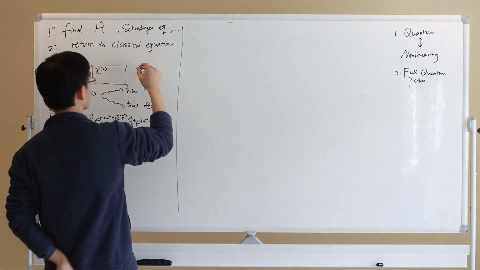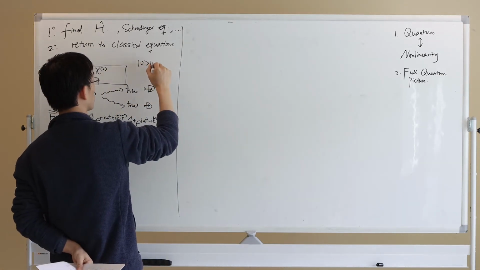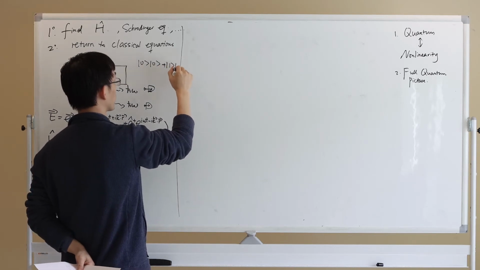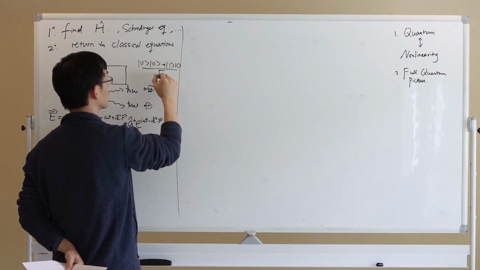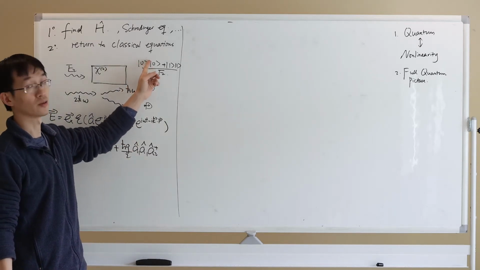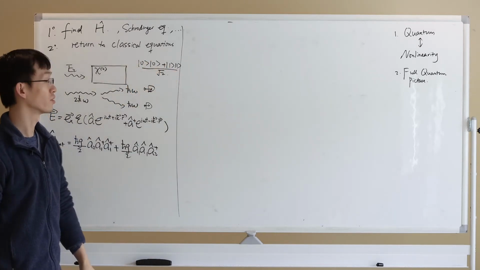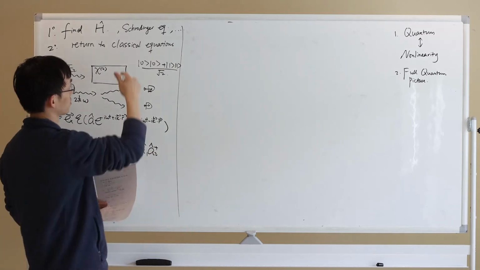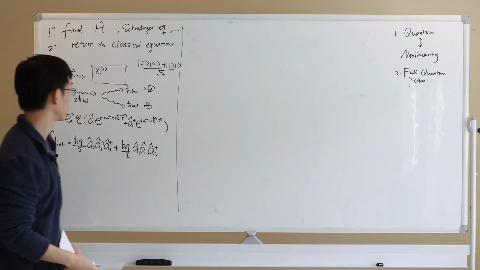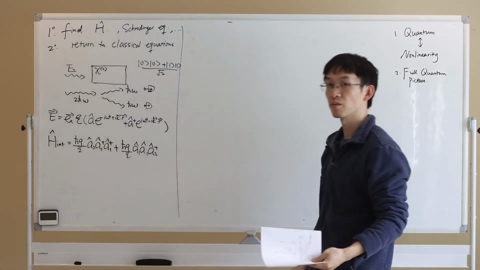Entanglement is written as: it's either no photon in both paths, or both have 1 photon. This is the state of entanglement. Either both of them have no photon or both of them have a photon. Of course the coefficients will be slightly different here, but this is the best case for entanglement. So this is one way to think about the system.